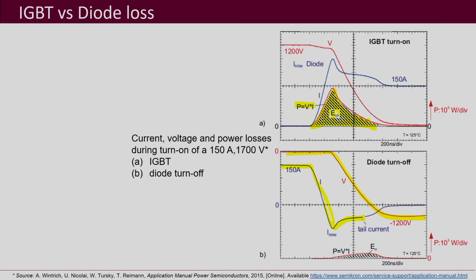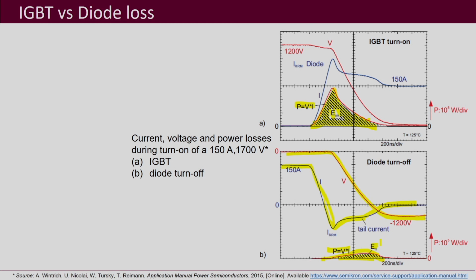This is the reverse recovery current, and then you also observe this tail current during the turn off, and then it finally settles to the leakage current. This is the power curve, which is V into I, and the area under this curve is your diode turn off loss Err.